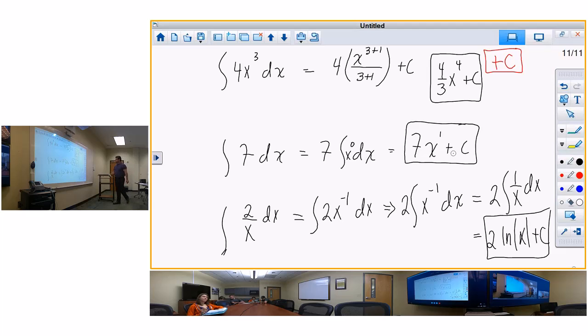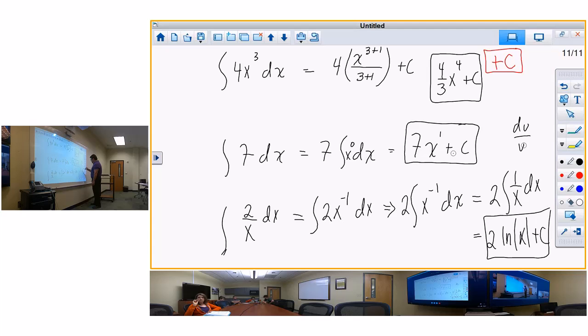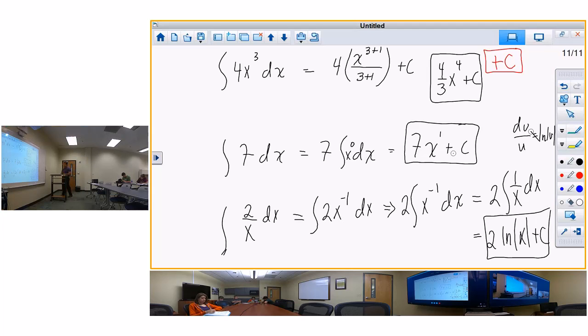It's easier when I say this: du over u. That's what I'm used to seeing. Du over u, which is equal to the natural log of u. So that would be 2 natural log of x plus C.